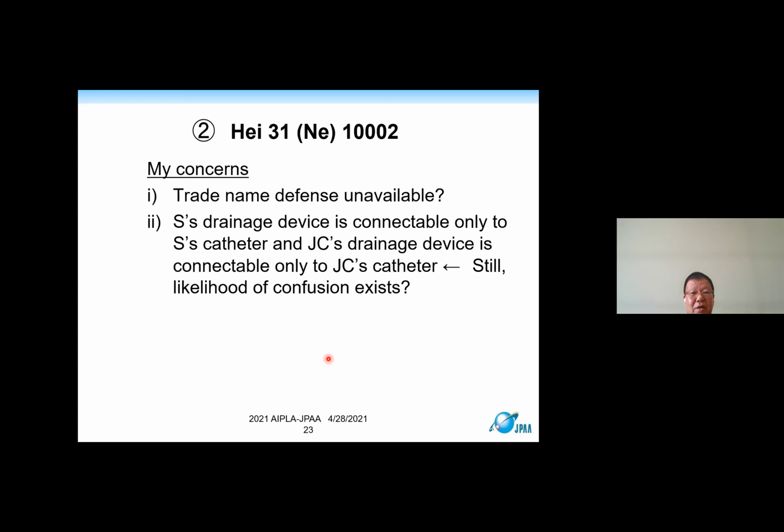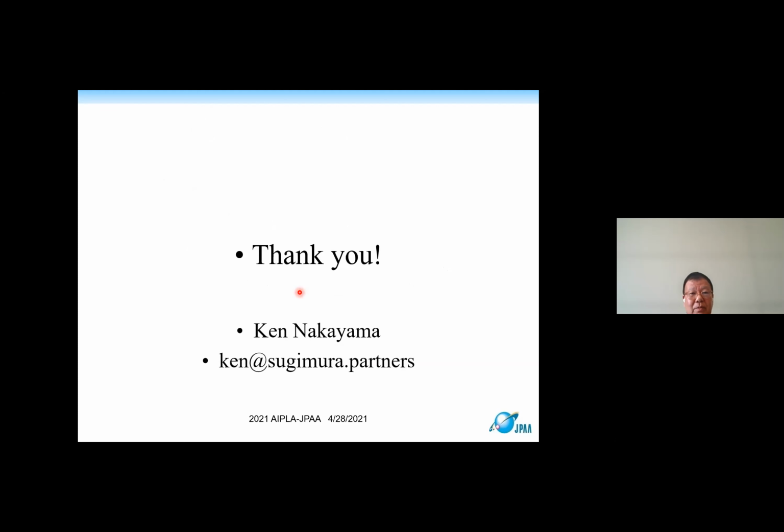But still, the court recognizes this point, but still recognizes the confusion. So that is all, thank you very much. If you have any questions, I would be happy to take them.